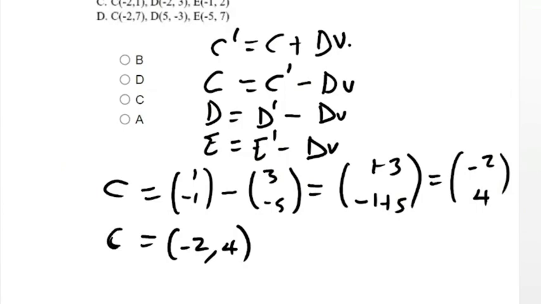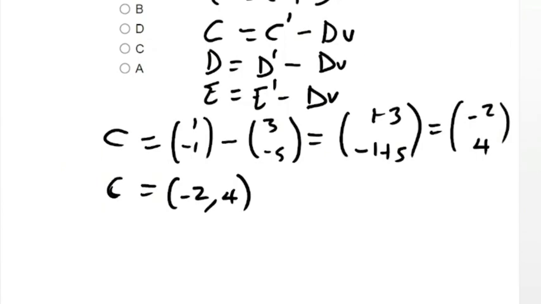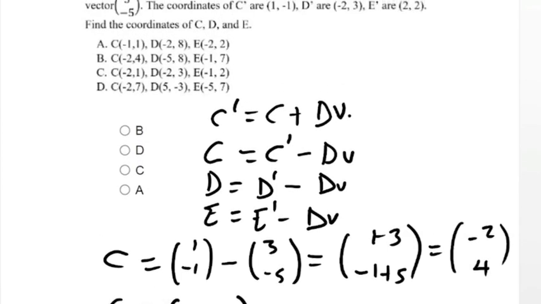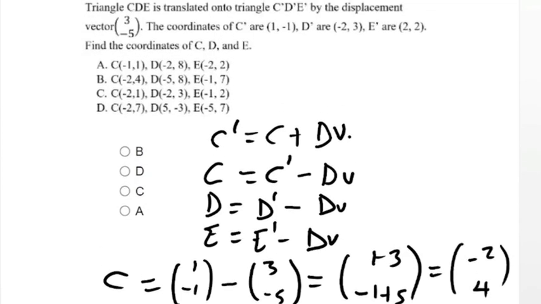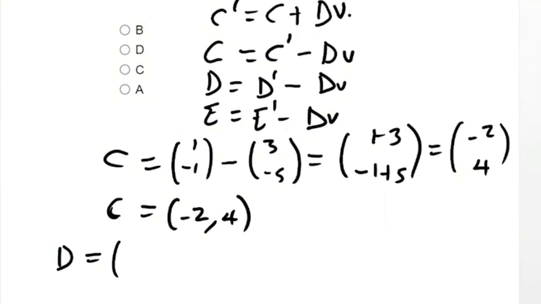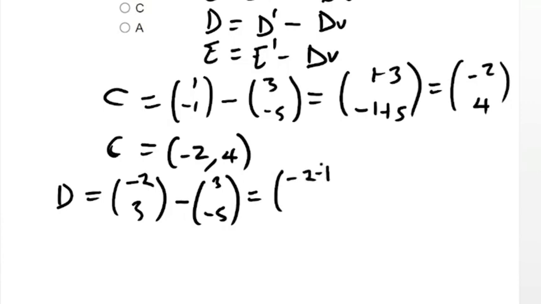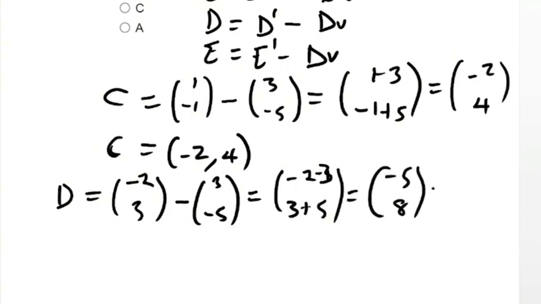Then D will be D prime, which is -2, 3, minus 3, -5. So that is -2 minus 3, then 3 plus 5. So we have -5, 8, which is equivalent to -5, comma 8.